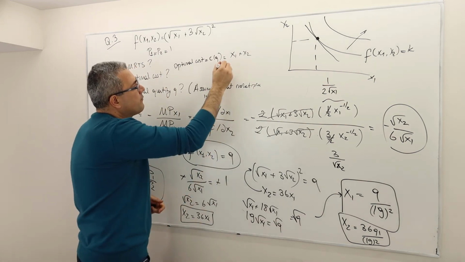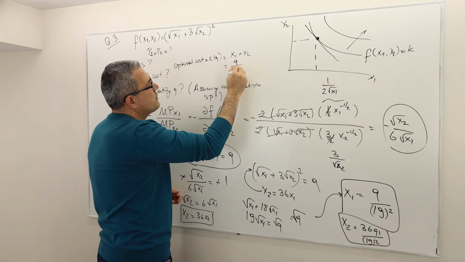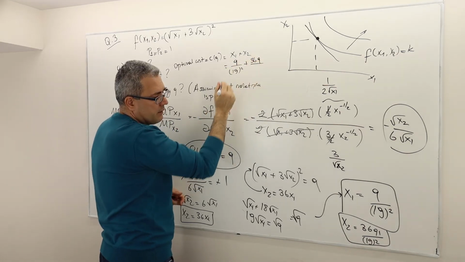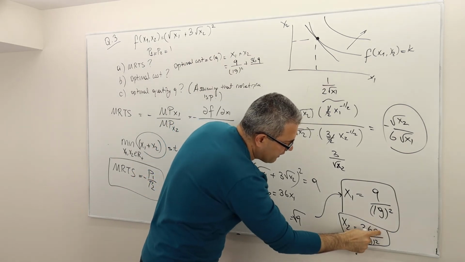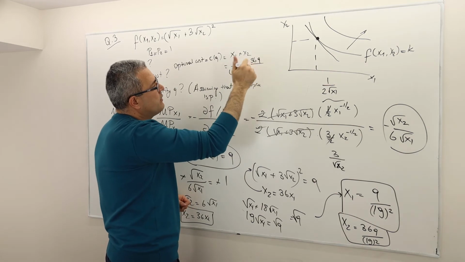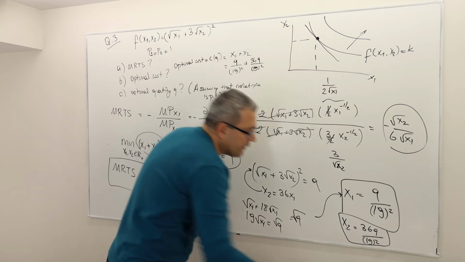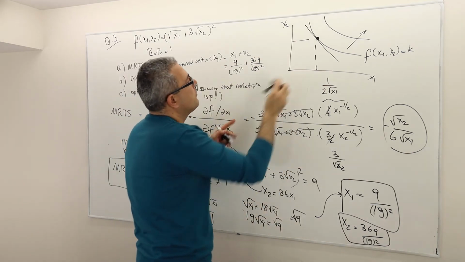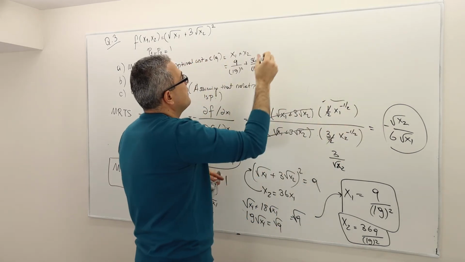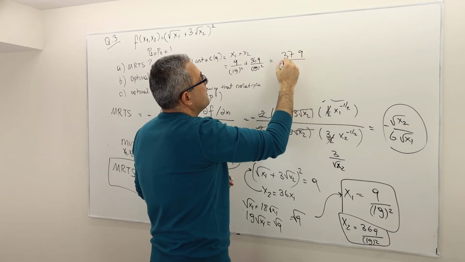So x1 is equal to, remember, Q divided by 19 square plus 36Q divided by 19 square. And so basically, my conclusion is 37Q divided by 19 square.